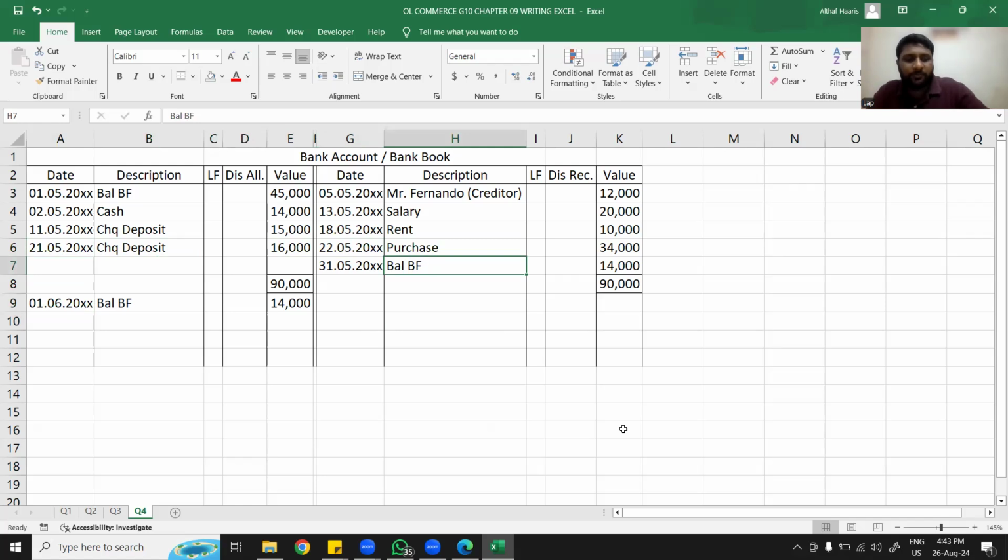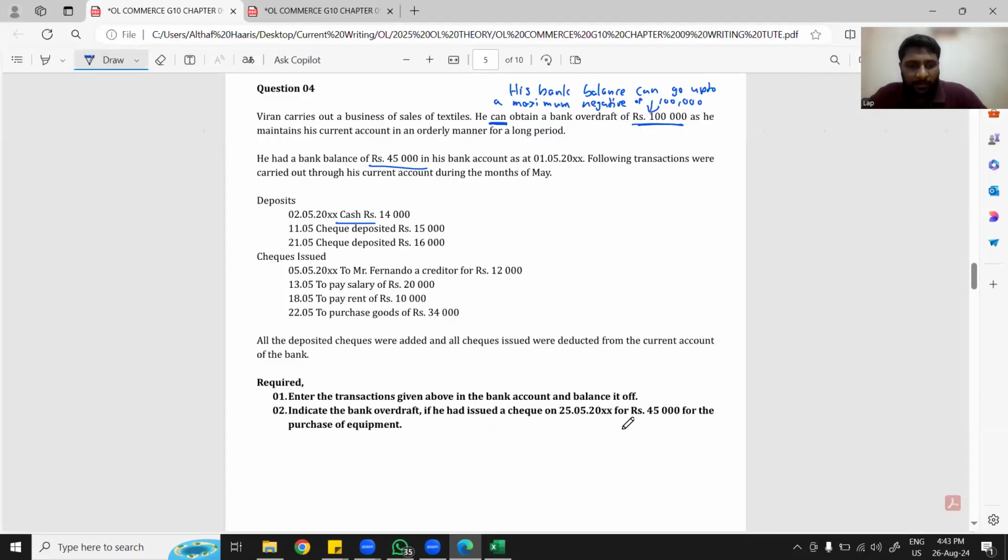Yes, correct. Next, what they're asking: indicate the bank overdraft if he had issued a check on 25th May 20XX for rupees 45,000 to purchase some equipment. If he has issued a check, what would have happened?